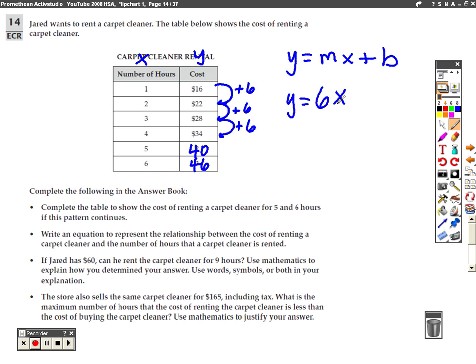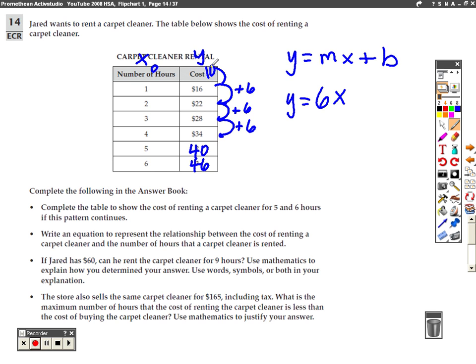Now, the only thing that we don't know is the y-intercept, and the y-intercept is the value of y when x is equal to 0. So if we put a 0 in our table and we decrease the cost by 6 from 16, we get 10.